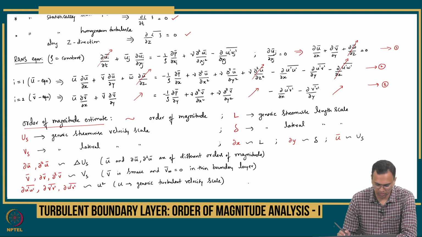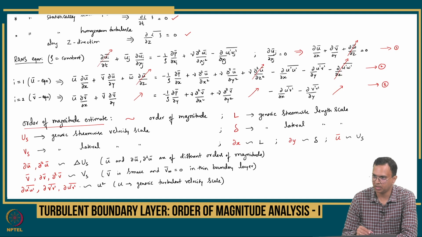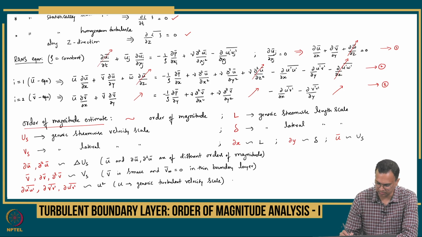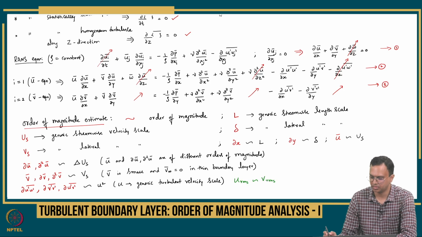So this implies that they are of the same order of magnitude. U prime V prime we can think of as URMS and VRMS multiplied together. So we are thinking of that kind of quantity, right? Same order of magnitude here. That is, your URMS is of the same order of magnitude as VRMS.